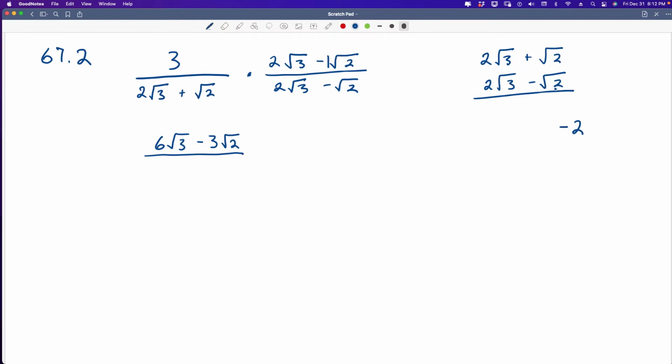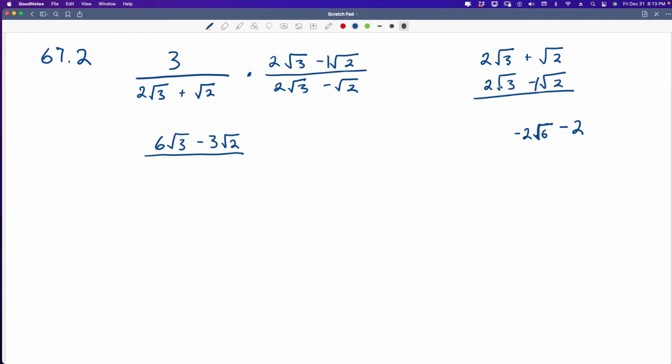Negative square root of 2 times 2 times the square root of 3. So this is a negative 1 right there. So negative 1 times 2 is a negative 2. And square root of 2 times square root of 3 is the square root of 6. Negative square root of 6, right?